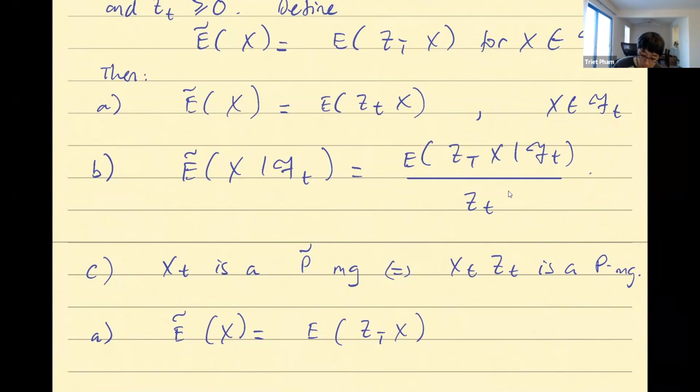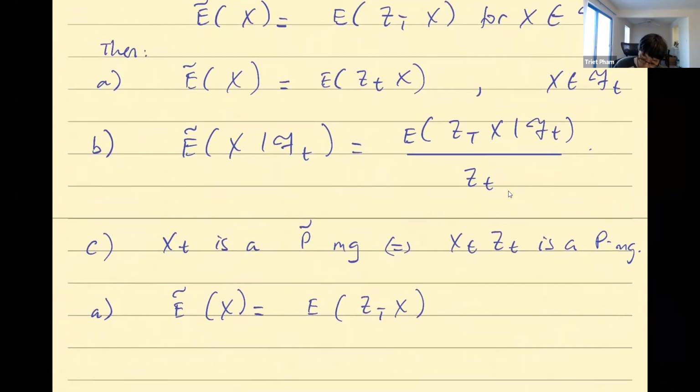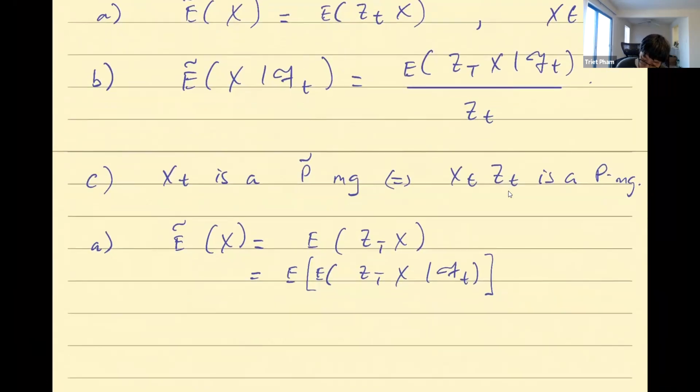But how do we take advantage of that? That's easy. Well, you just take conditional expectation and then take expectation. Okay, because that's the law of double expectation. After you take the expectation of conditional expectation, that goes back. But the advantage of this is because X is in FT, you can take it out.